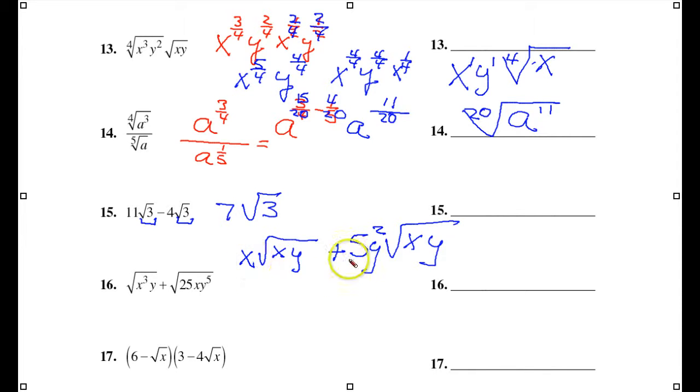Now, in a sense, since these coefficients are not the same, theoretically you could leave it this way, or another way, and I think this is what they're looking for, since we have a common factor, we can factor out an x there plus 5y squared, put that in parentheses, and then have our radical, the square root of xy.